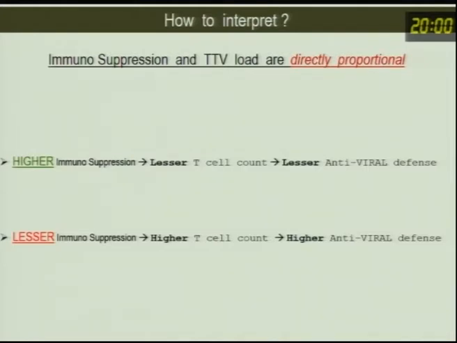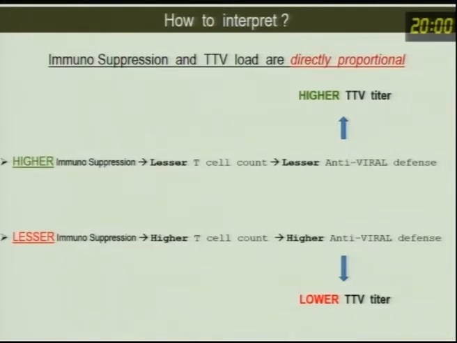Higher immunosuppression, lesser T cell count, lesser antiviral defense. That's why you will see more virus. Because the viral defense is less, you're seeing more virus. If the immunosuppression is less, it will lead to a higher T cell count, higher viral defense, and lower TTV titer.